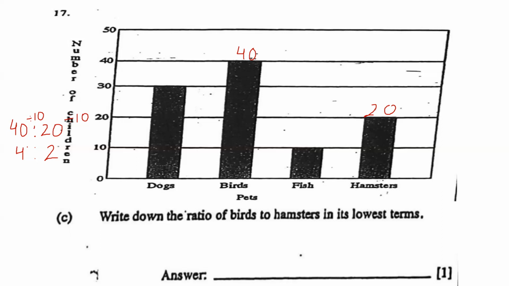Let's divide both of these by 2. 4 divided by 2 is 2, and 2 divided by 2 is 1. So the ratio of birds to hamsters is going to be 2 to 1. So 2 to 1 is the answer for this one.